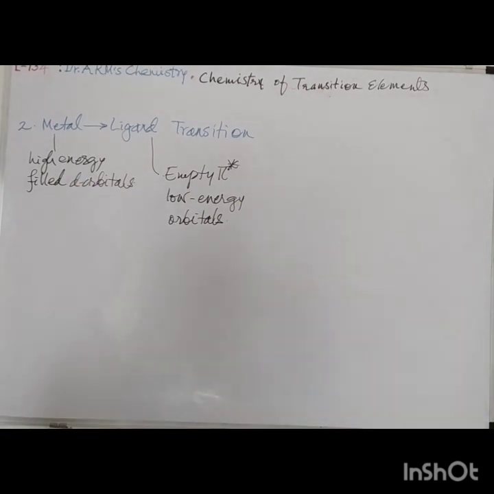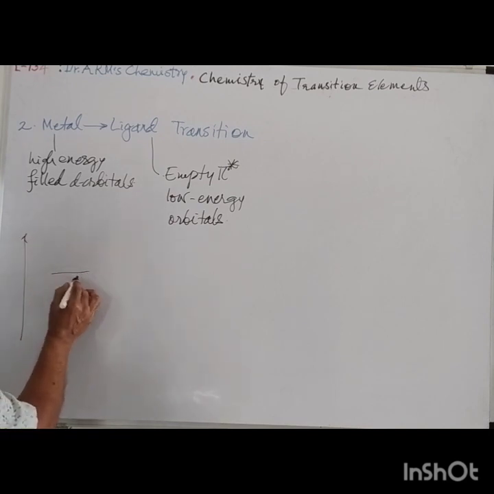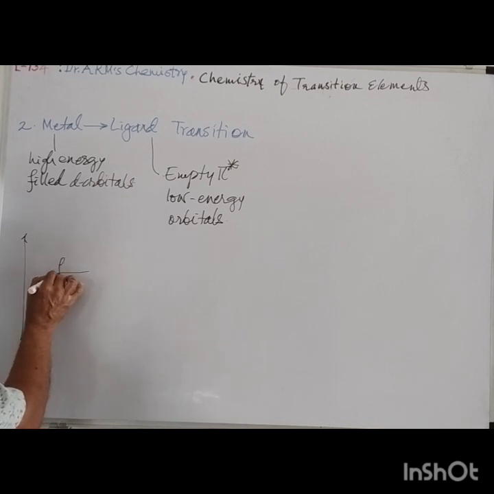So the d orbitals of the metal ion are lying at a higher energy level. If we see this axis, these are the metal orbitals which are filled.